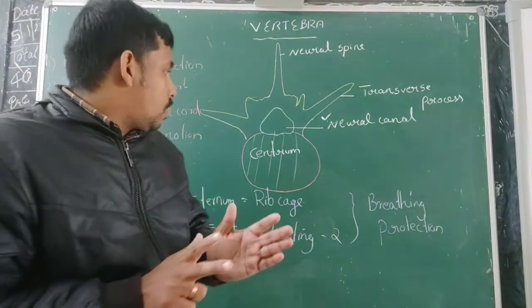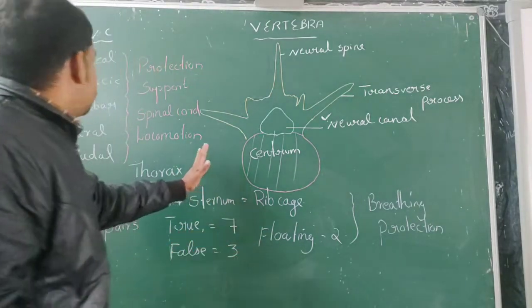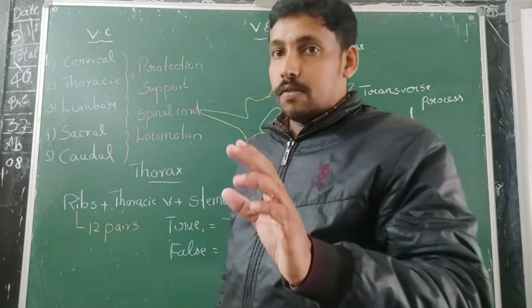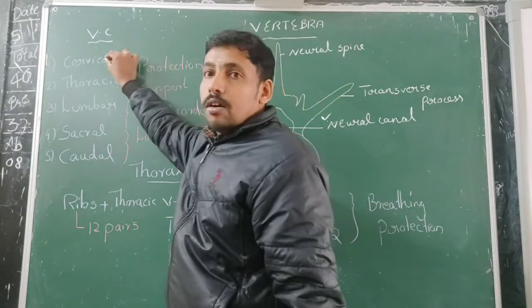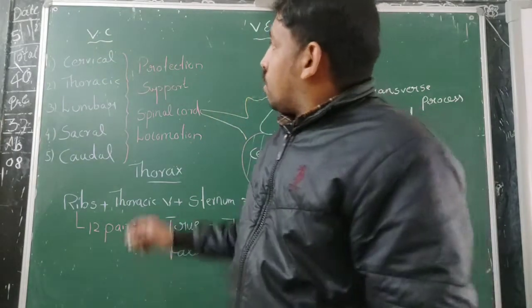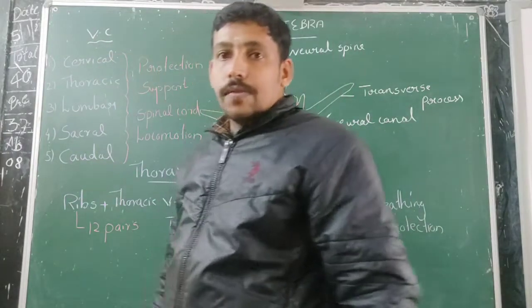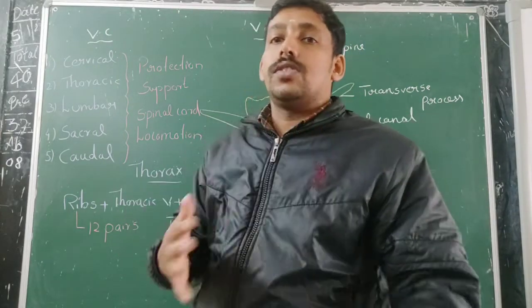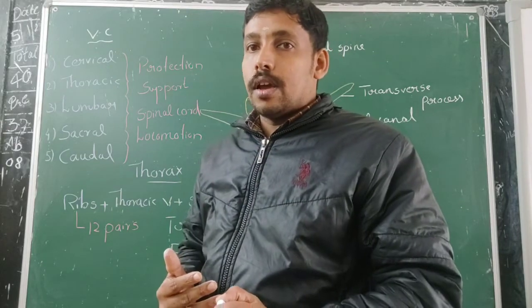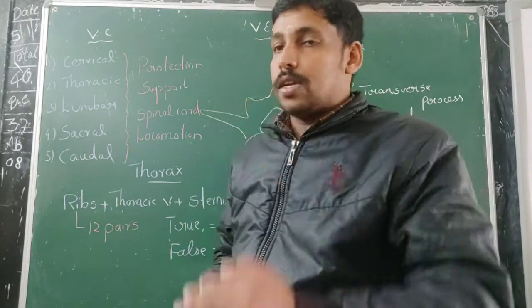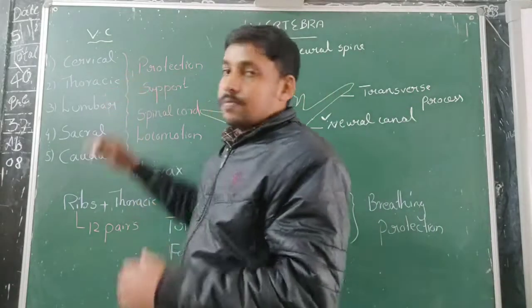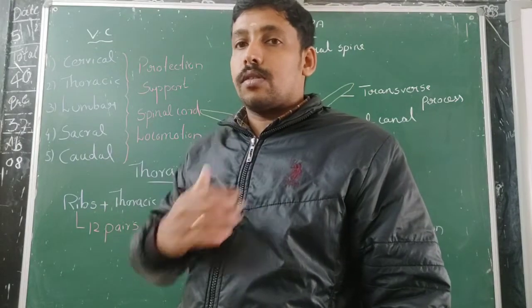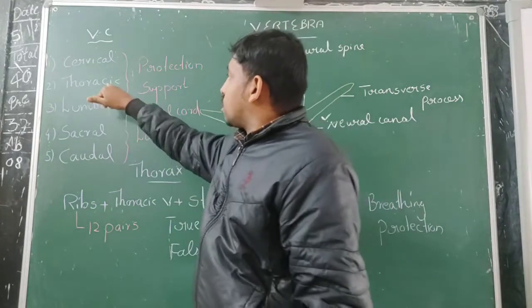Now let's come to the different parts of the vertebral column. It has 5 parts. The first part is the cervical vertebrae, in the neck region. Just below that we can see the thorax, the chest region, known as the thoracic vertebrae.